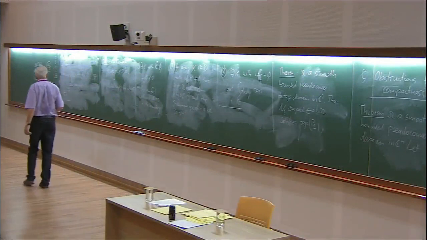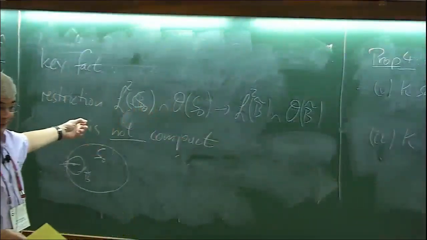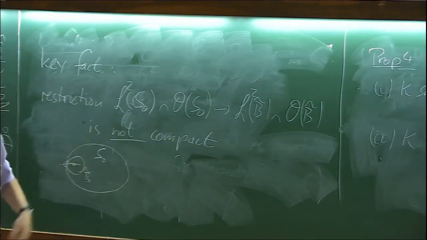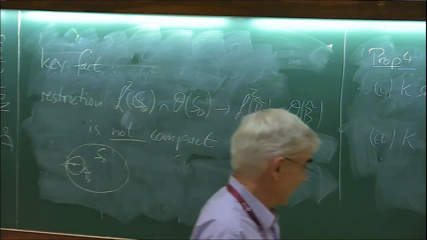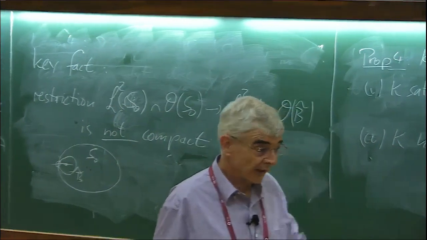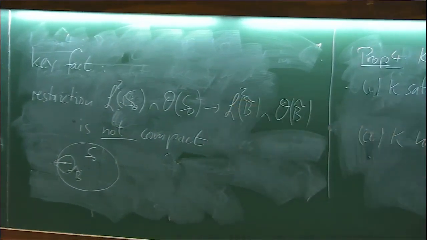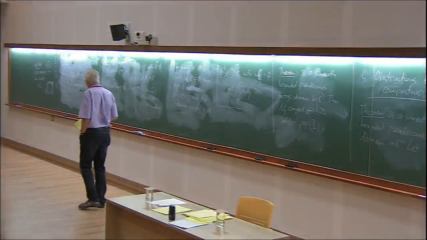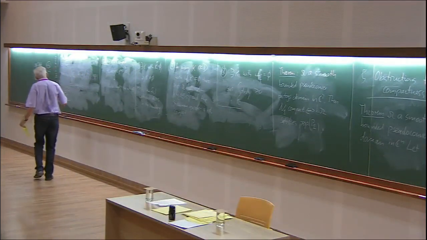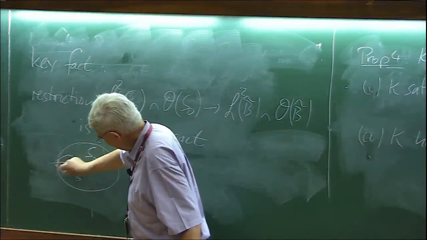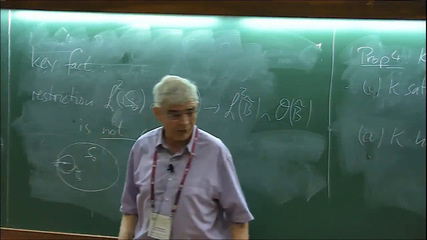This is in itself an interesting question, by the way. You have two domains like this. When is this restriction compact? And this is not understood, in the sense that I don't think anybody has anything near necessary and sufficient conditions. I think in dimension 1 there are results of a potential theoretic nature that measure how thin or thick, as the case may be, this inner domain is relative to the outer domain and so forth.